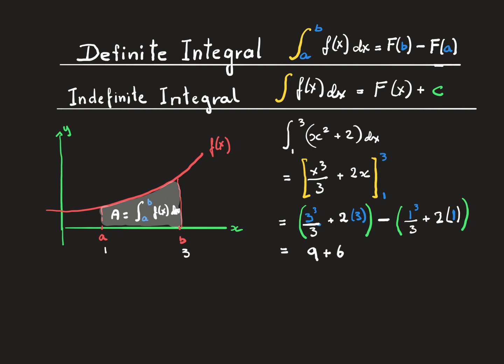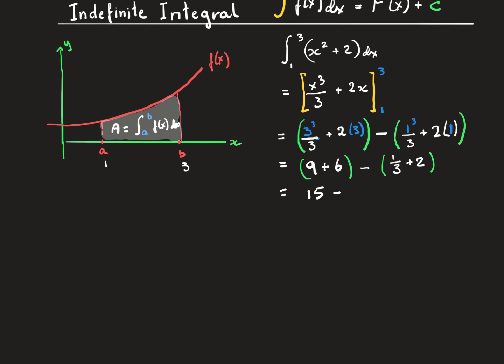So that's the first part, and take away 1 on 3 plus 2. So 15, take 2 and 1/3, and we'll end up getting 12 and 2/3. And as promised before, you have a numerical number, and there is no integration constant c.